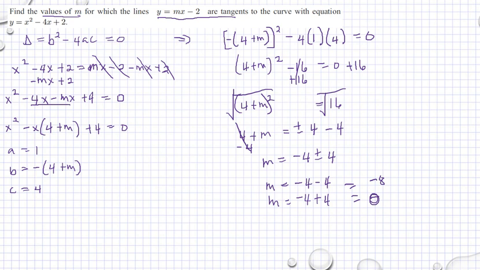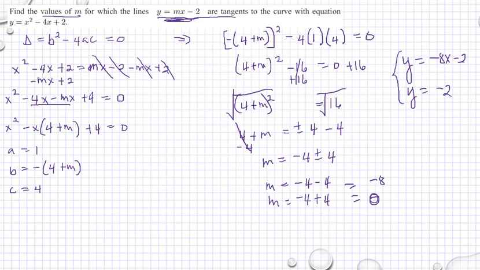So we have two functions now. One function is y is equal to negative 8x minus 2, and the other function is just y equals negative 2, because m is 0.